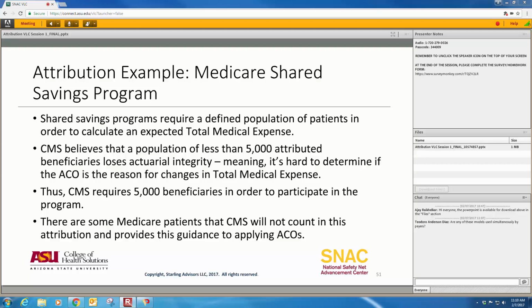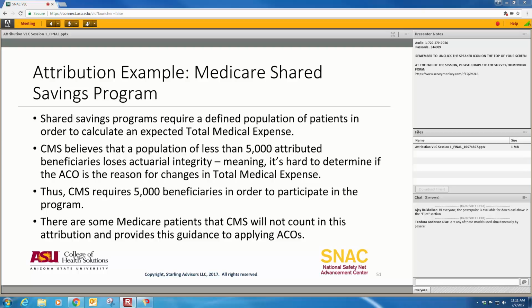CMS has really honed this model over the last 7 or 8 years as they've worked to improve the program. At a high level, they look back over time and try to predict what a population of patients is going to cost, and then offer some incentives if the provider signed up for the program can come in essentially under those costs.